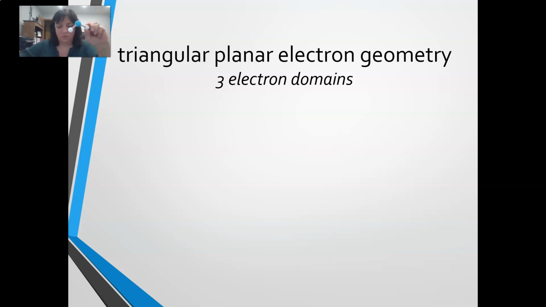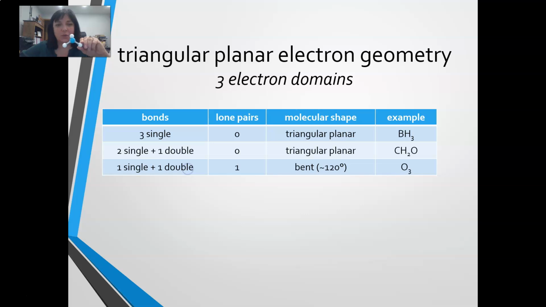So even though there is a pair of electrons there, the shape of the actual bonds is a little bit different. So that's what we're looking at now. So triangular planar if you have 3 bonds, or bent if you only have 2 bonds. And remember that when we're talking about bonds, it could be a single and a double. Okay, so like CH2O.